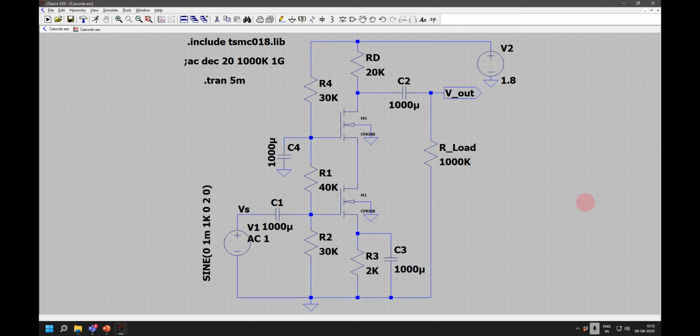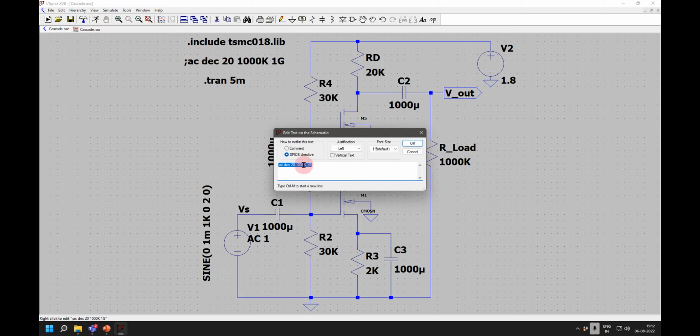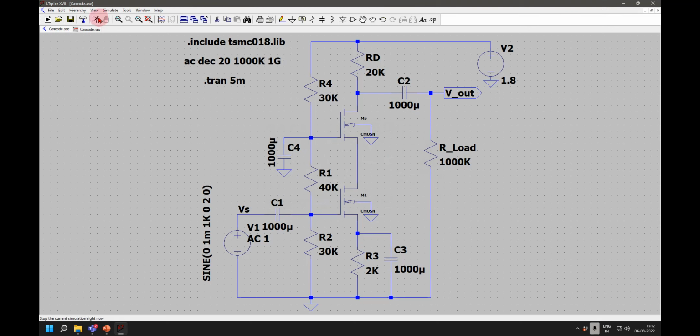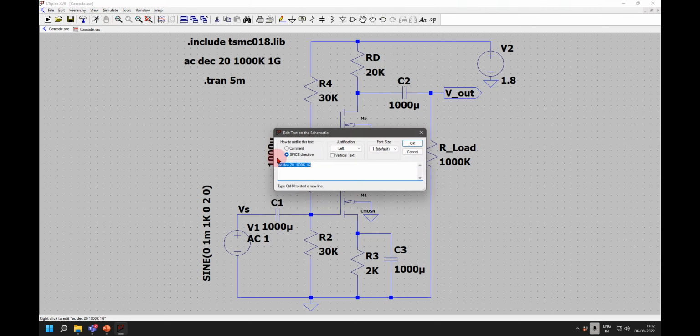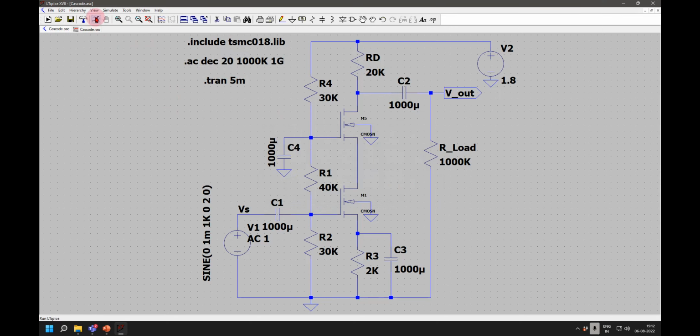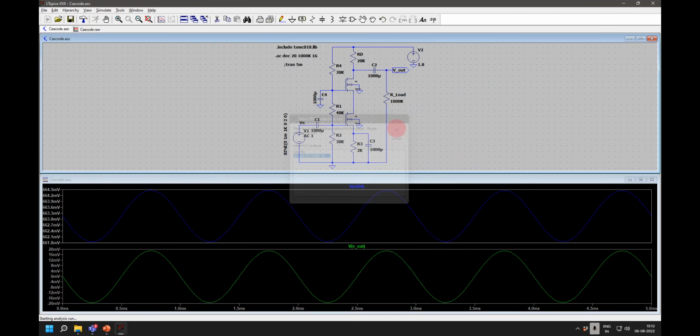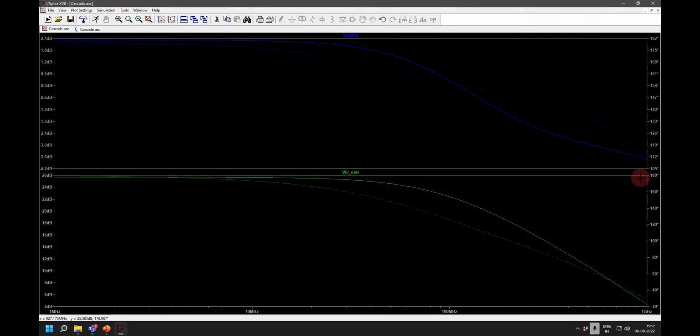Now if I do an AC analysis, you will find that earlier we saw around 1 megahertz for a CS amplifier, whereas this is close to around 50 megahertz.